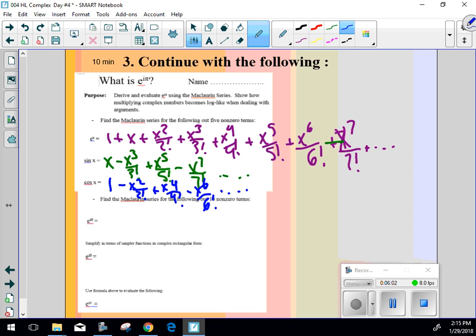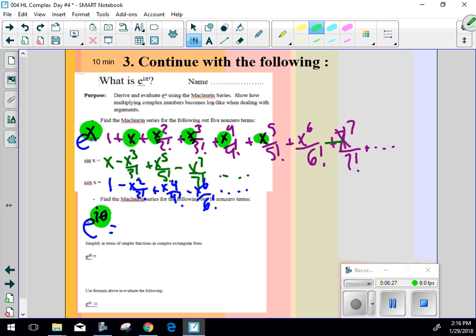That's kind of boring, don't you think? A little boring. But what happens when I do e to the i theta? What am I replacing x with? What's x being replaced with? i theta. So wherever you see an x, replace it with an i theta.